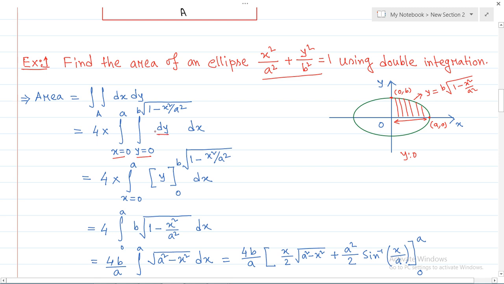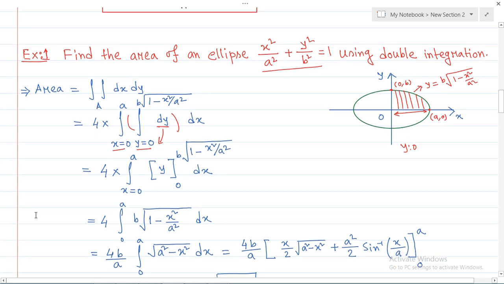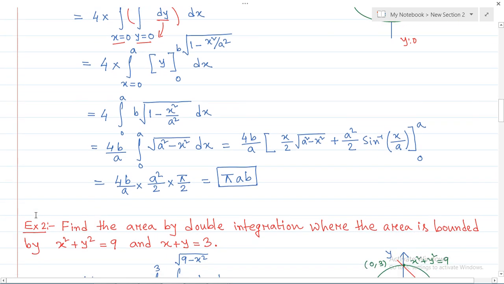Since the y limit is variable, we have to perform integration with respect to y first. So the integration of dy is y, that is very easy to understand. Now we substitute the y value. After substituting, it comes b into root of 1 minus x square upon a square dx. I have taken the LCM and a, being the square root of a square, goes outside.